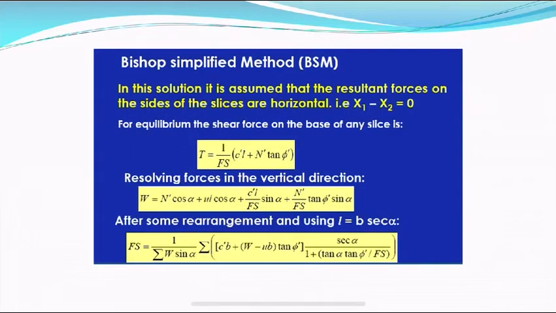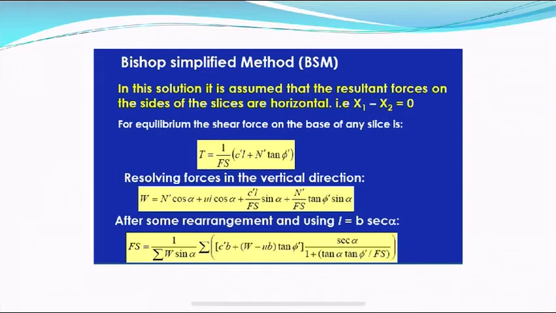This Swedish method of slices was extended by Bishop in this solution. Basically, it is assumed that the resultant forces on the sides of the slices are horizontal, so X1 minus X2 is equal to 0 is considered.